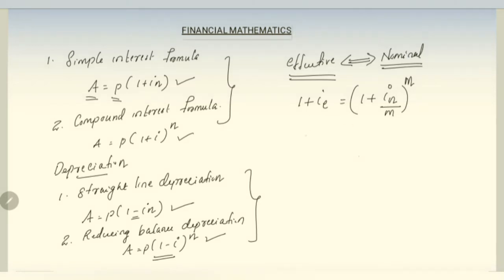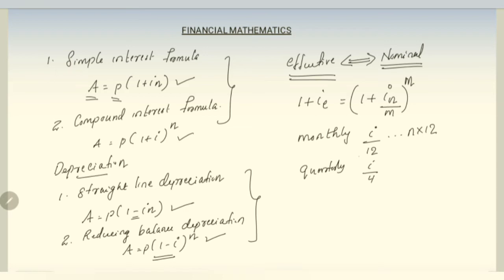If it is monthly, then i divided by 12. Then you have to make the corresponding changes for n also, n times 12 number of periods. Then if it is quarterly, i divided by 4. How many quarters in a year?